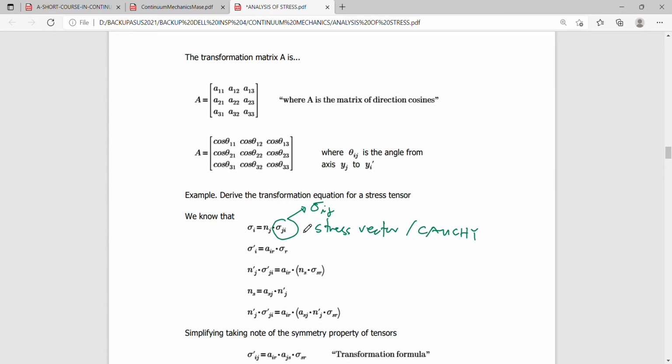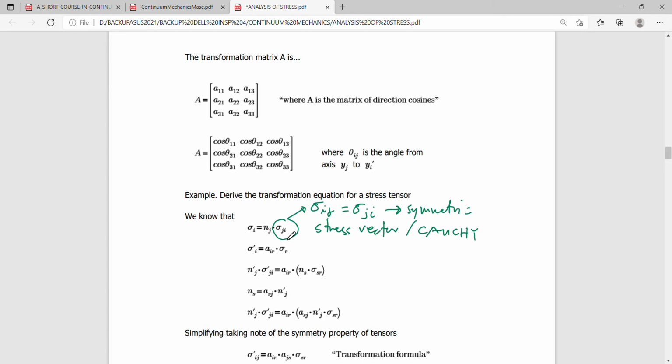We do not worry about it any longer, because we have proven that sigma_ij and sigma_ji are just the same, because they are symmetric.